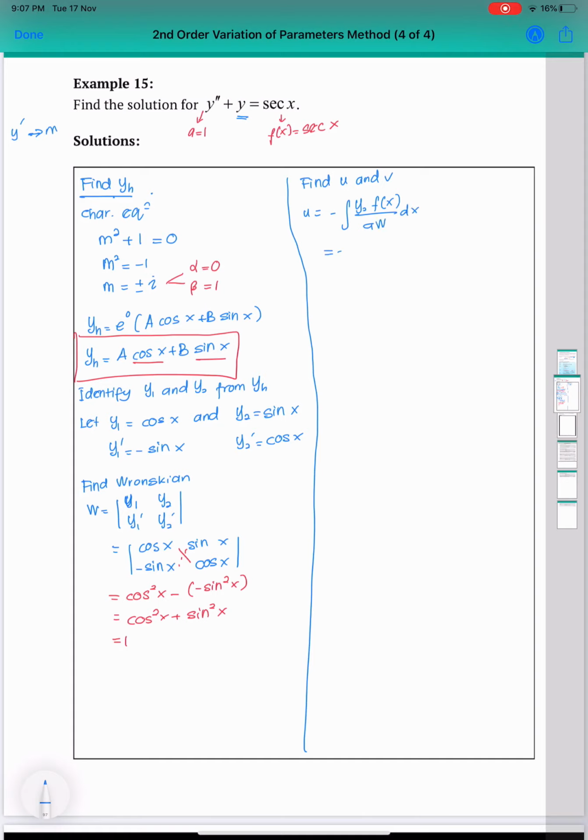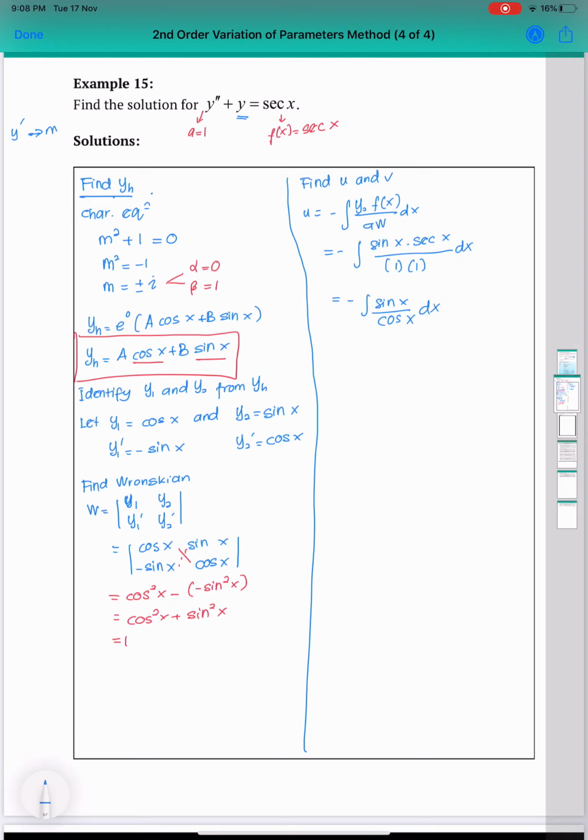So your y2 is sine x, so you have sine x times secant x over a is 1 and W is also 1. Secant x is equal to 1 over cos x, so you have sine x over cos x dx.